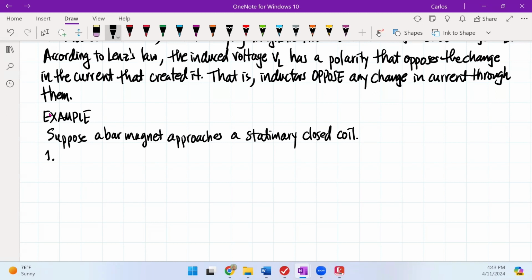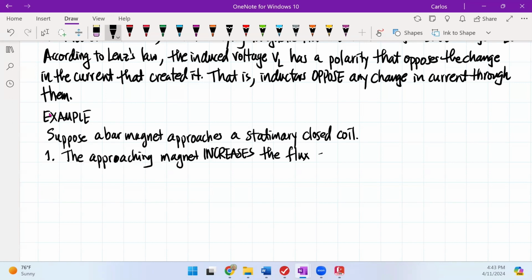So what happens? The approaching magnet increases the flux.